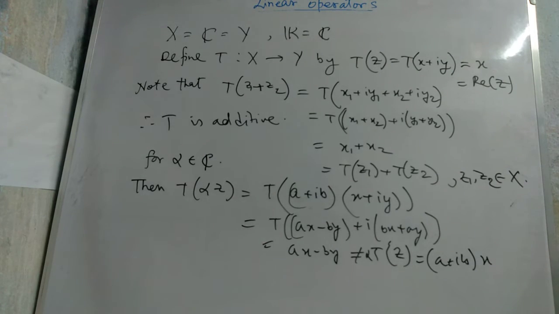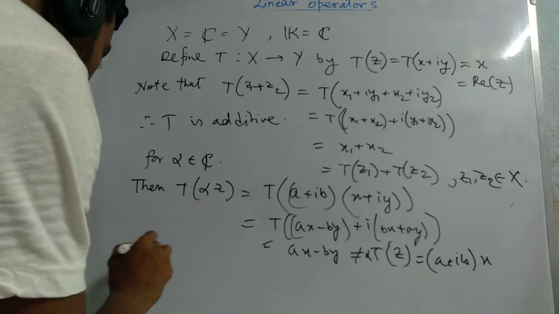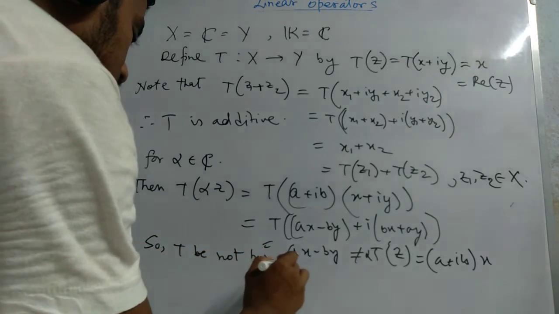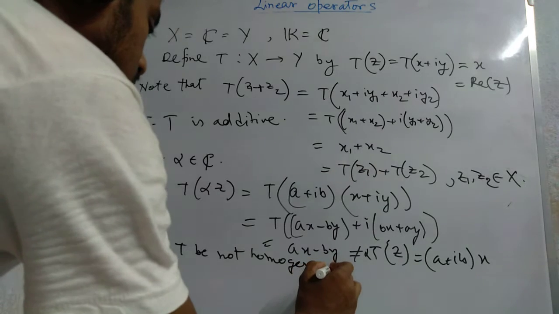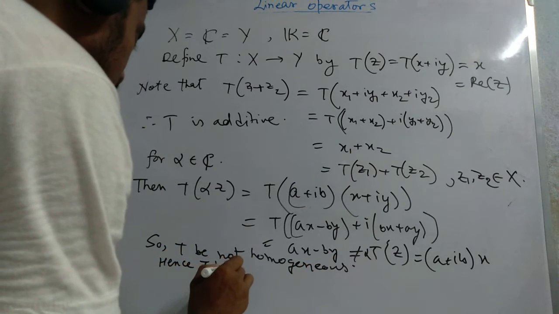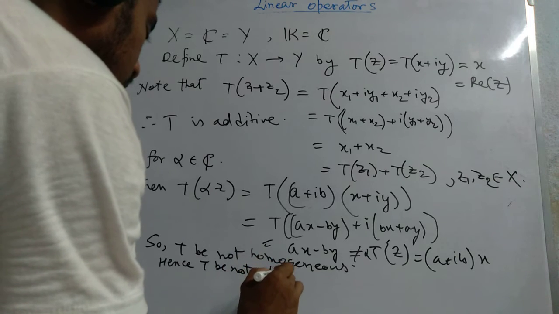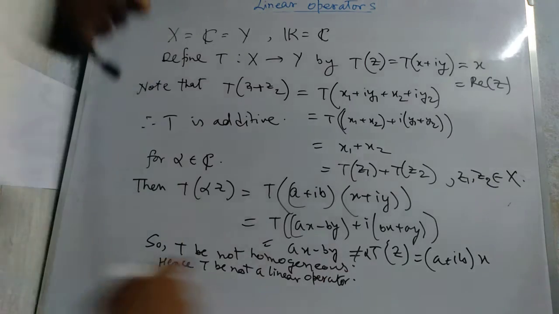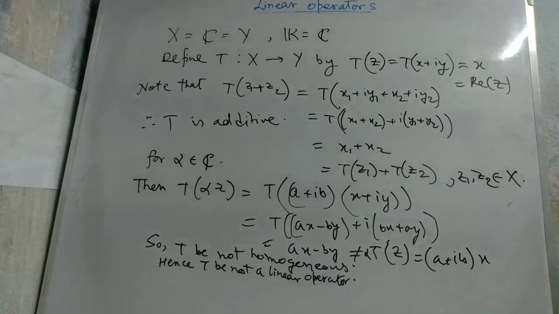So T is not homogeneous. Hence T is not a linear operator. Okay, do we all understand these problems?